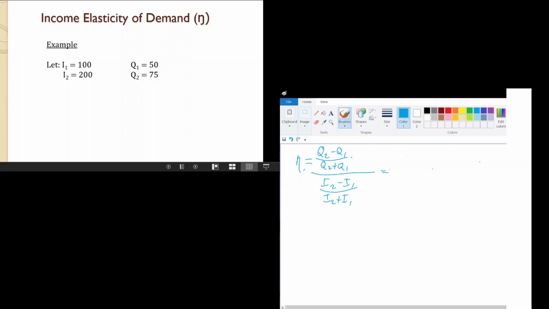Okay, so ang given natin, yung Q2 natin is 75, Q1 is 50. So here we have 75 minus 50 over 75 plus 50 all over. So yung I2 natin is 200, I1 is 100 over 200 plus 100.